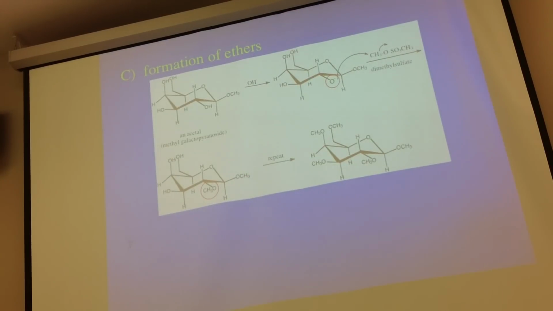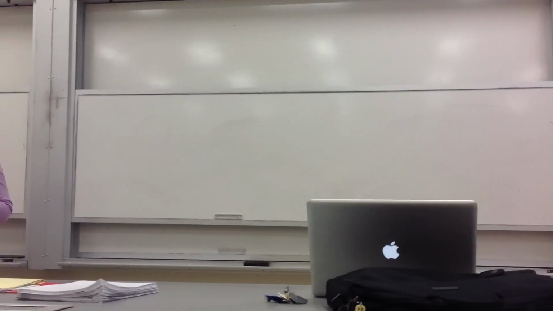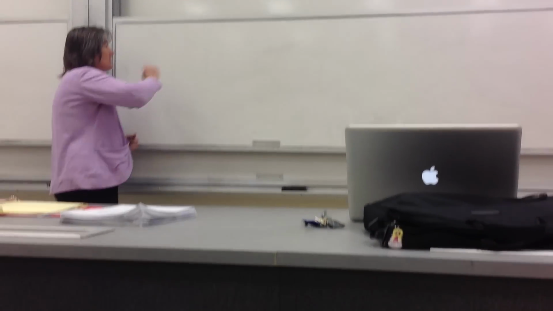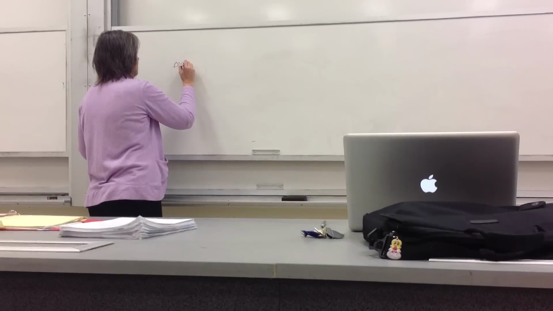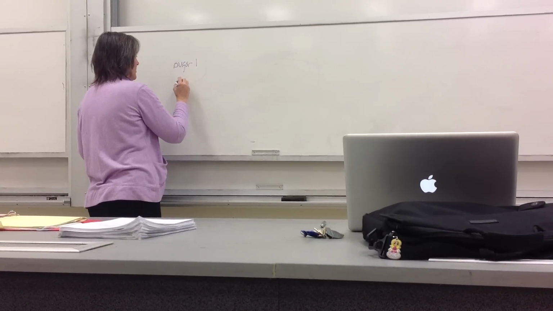It's actually used to decide where sugars might be linked together. So let's say you have an unknown sugar. You know it's a disaccharide, but I don't know where the linkages are. I know they're hooked together, but I don't know where. What we're going to see with one sugar, sugar number 1, its anomeric carbon.